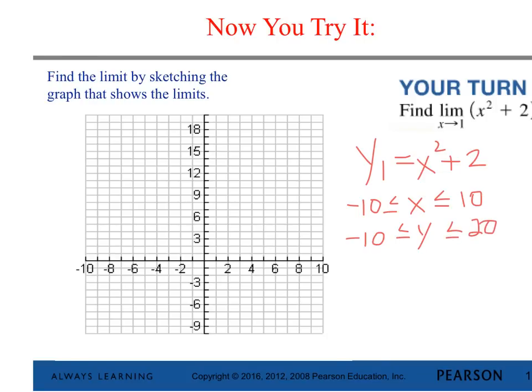And you can increment those using either X scale or Y scale. You just want to let those be 1 because you can see that many tick marks. Sketch the graph and verify by showing me on the graph what the limit is. So again, pause the video and do this part of your notes.